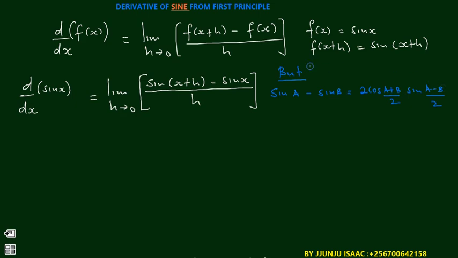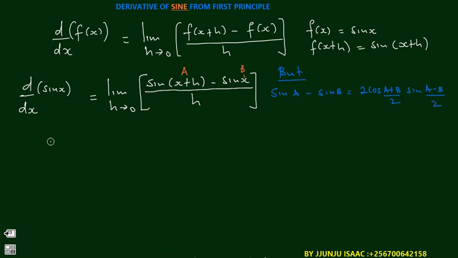So we are going to apply this identity here, where we have sine x plus h minus sine x. So this part here, the x plus h, will act as our A, and the B, x, will act as our B.